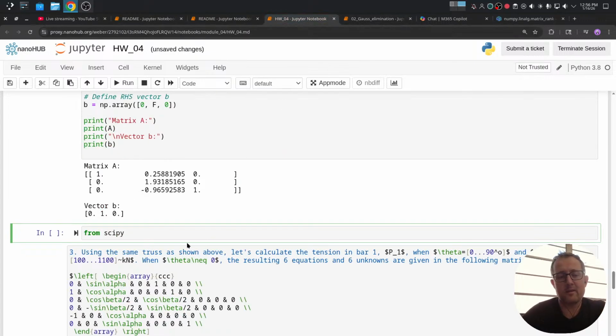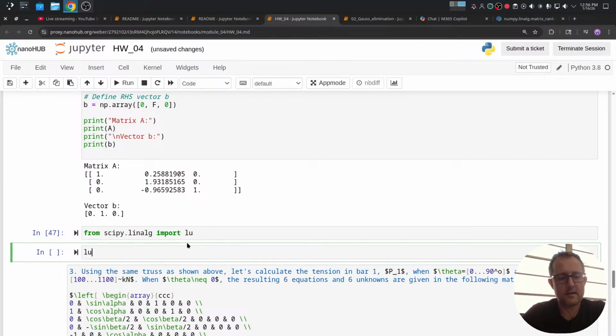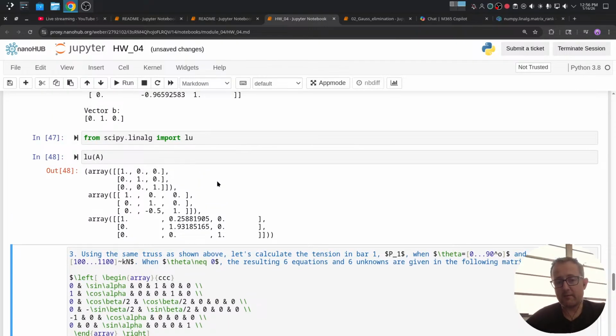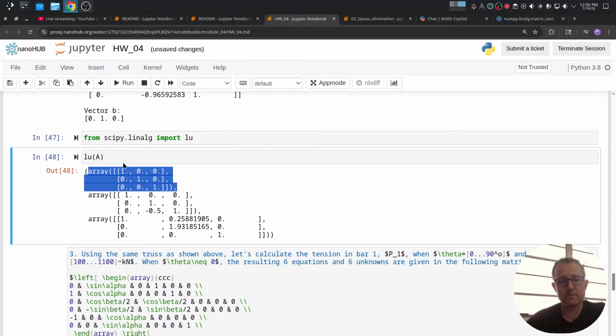Or I can import LU and then say LU of A. And it gives me my pivot matrix, so it does partial pivoting. In this case, it's not doing any partial pivoting because this identity matrix is unchanged. It gives me the lower triangular and this upper triangular.